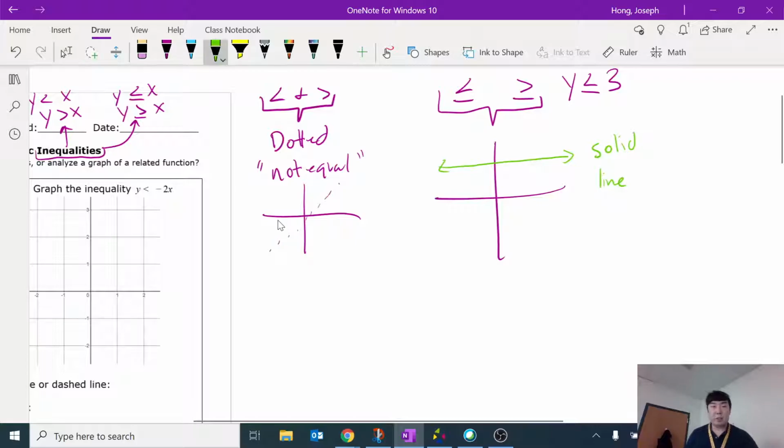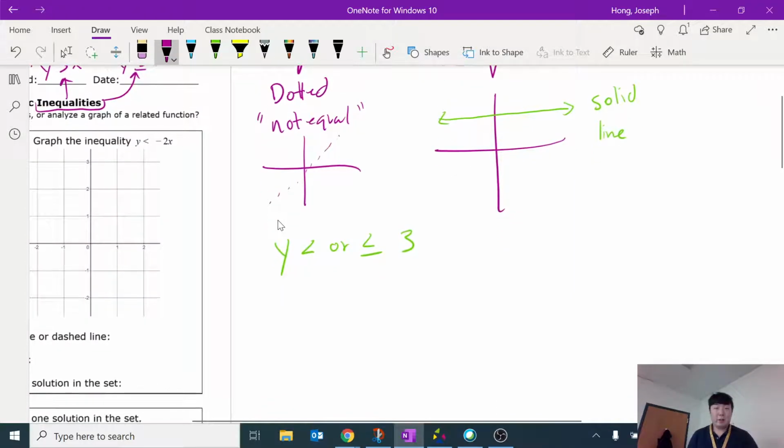Now let's use the same example. y is less than or equal to 3. If the inequality is facing away from the y, first I'm going to draw my graph.